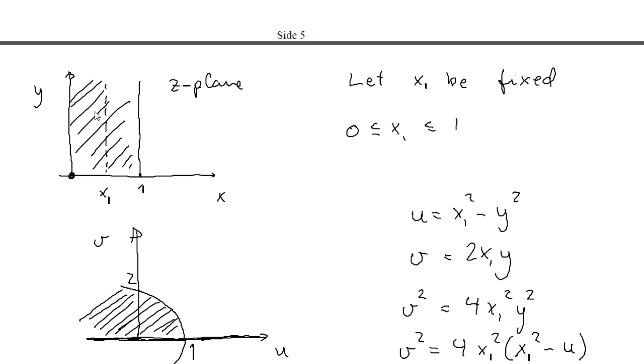So all these points are mapped into this set.